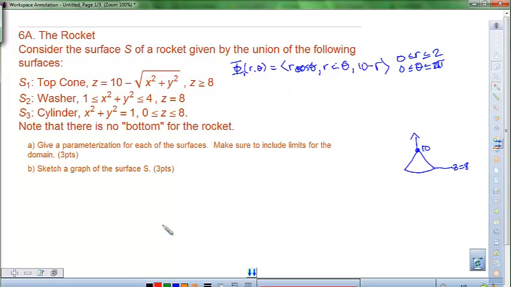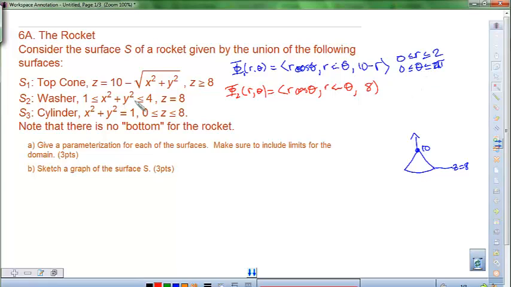The second surface is a washer. So this is basically a disk with a hole in it, and it goes at level z is equal to 8. So let's call this phi2. We can use r and theta again, because this looks like a polar coordinate washer, and we'll keep the same x, which is r cosine theta, and the same y, which is r sine theta. And this time, instead of having our z change, our z is going to be fixed at 8.